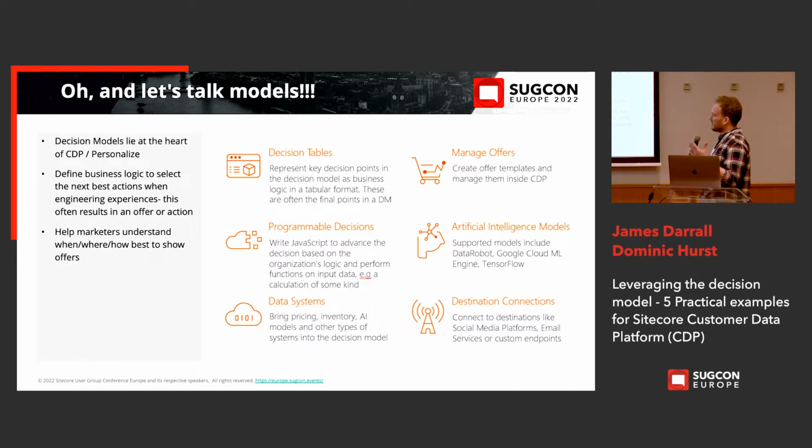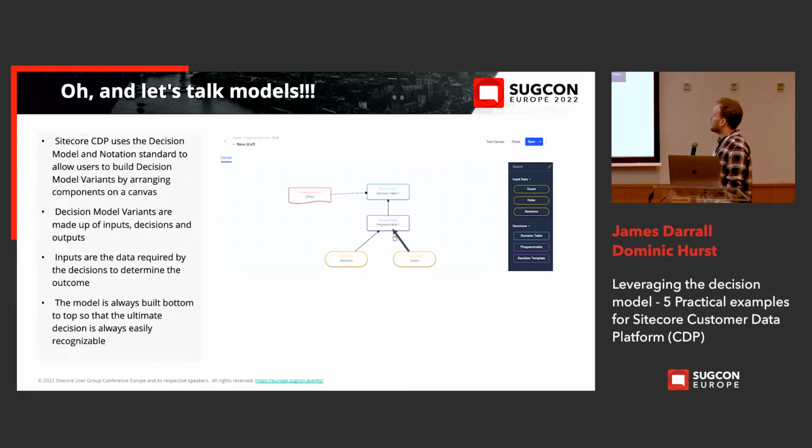They are either tabular formatted, configurable bits of UI that you can program your business logic into, or they are little snippets of JavaScript that you are writing, combining with the API inside CDP to do a calculation to work out what your next offer is. And there's other things that you can combine in there as well, like AI models, as we saw somebody did a talk about earlier, and then data systems and destinations. So if you're connecting to an email send or an SMS send, that's another thing that you'll connect up there.